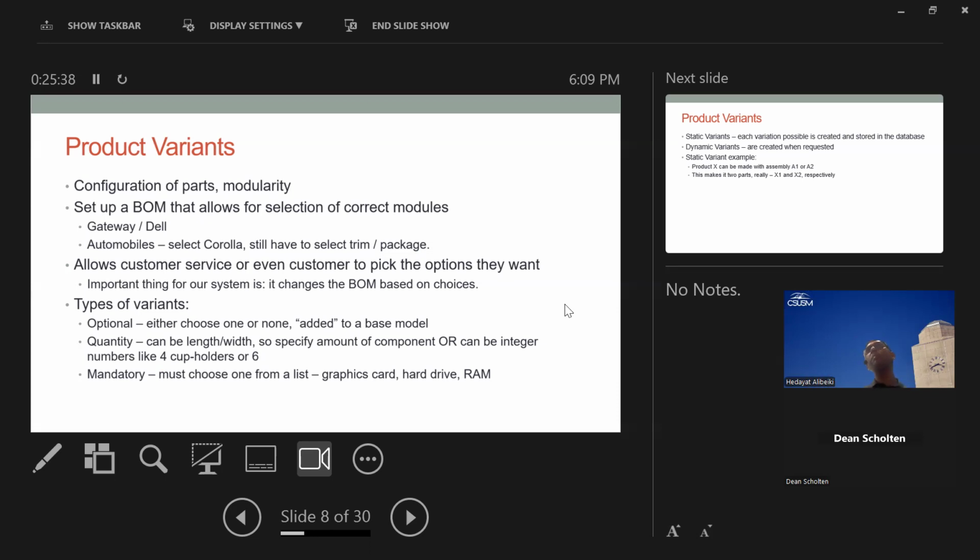As for how companies handle these, each variant is in fact a new, different, separate product. And if you want to store the bill of material and all the planning information for each item, you're going to require a lot of data, a lot of storage for keeping that information.